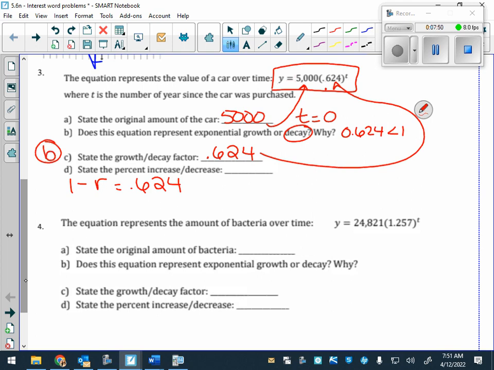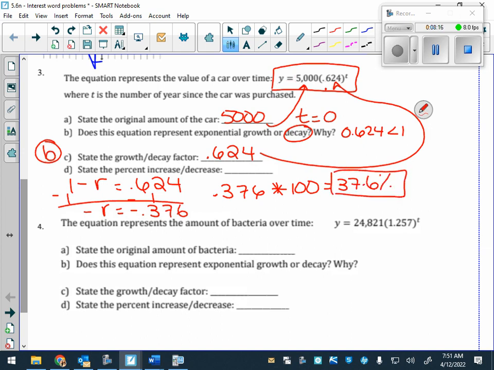Zach? 0.376. You subtract 1. Negative r equals negative 0.376. Divide by negative 1. So your rate as a decimal is 0.376. Then you multiply by 100. 37.6% is your percent decrease. And it should always be positive.